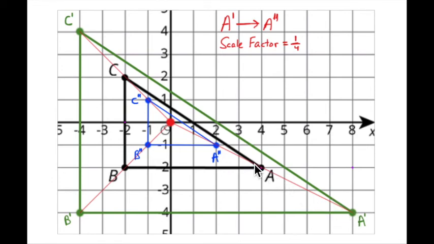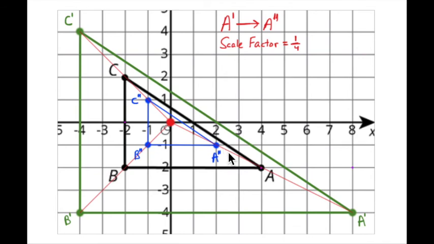And if you remember, the double primes, the blue triangle, was a scale factor of 1/2 to go from the original to the blue triangle. So 1/2 to get from A prime to A, and 1/2 to get from A to A double prime. So 1/2 times 1/2 is 1/4. So the scale factor to go from A prime to A double prime is 1/4.